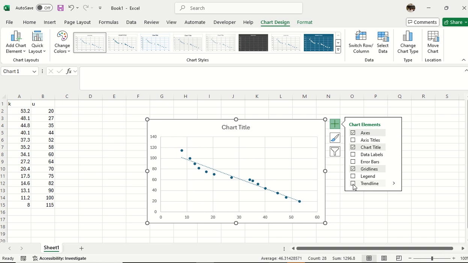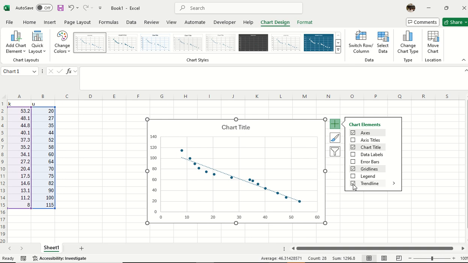If you click on the trend line, it will show a line here. This line comes from the equation which we want. So Excel already calculated the equation and gave you the line. Now I want to see the equation and the r square of the equation.